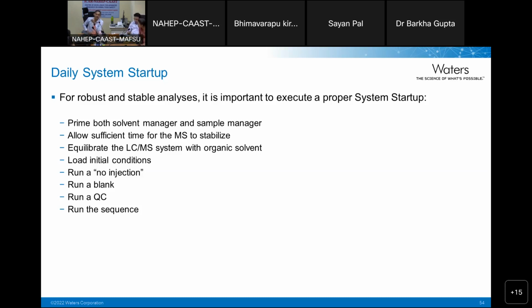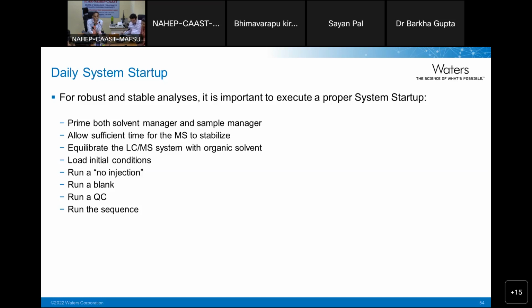The primary reason for that could be a contamination. It could be the contamination of the MS, it could be the contamination of the column, or it could be contamination of even the mobile phase.